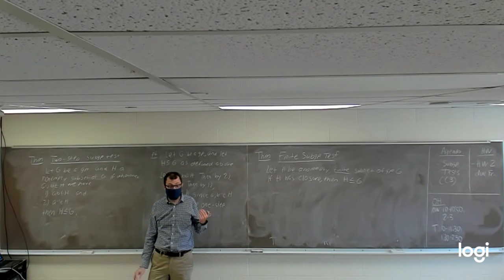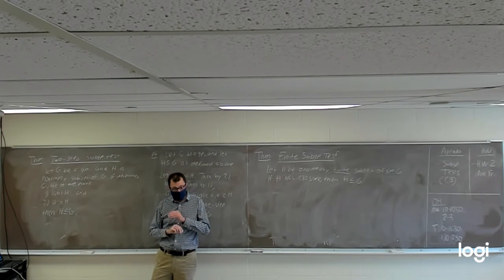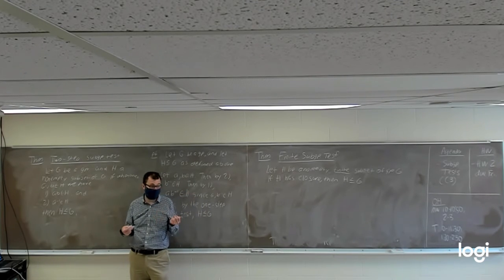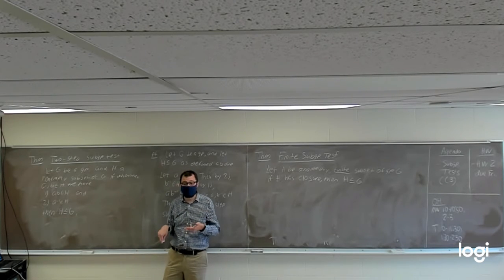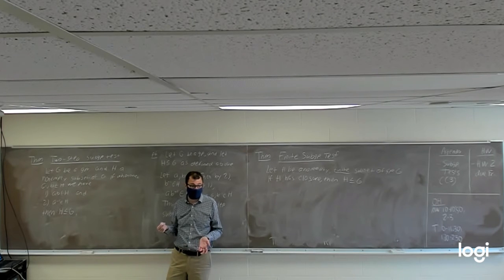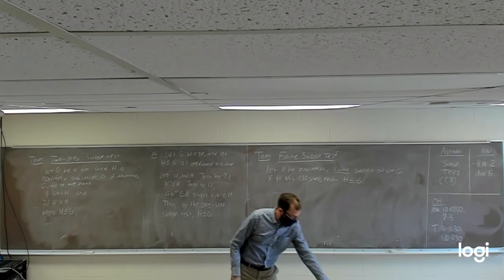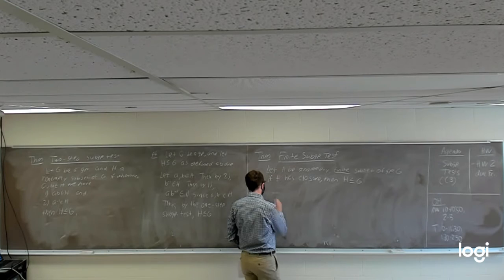According to this theorem, if H is finite, closure is the only thing you need to check. If H has closure, then it'll automatically be a subgroup without having to check for inverses, which is pretty nifty.